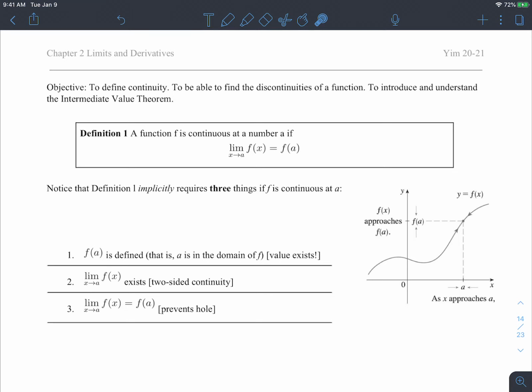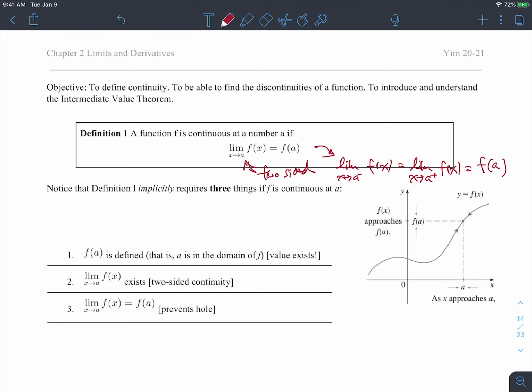So definition number 1: a function f is continuous at a number a if the limit from both sides, that's two-sided, guys, just remember that, implies the limit from the left is indeed equal to the limit from the right, and that actually has to equal f of a. So that is the implication right there, guys.